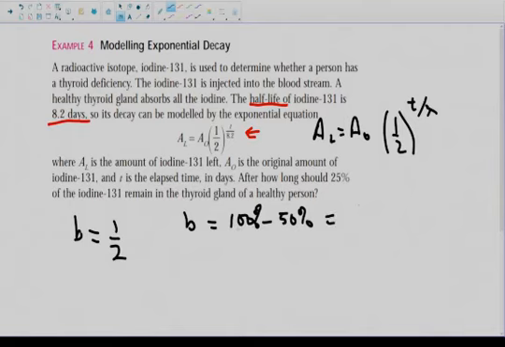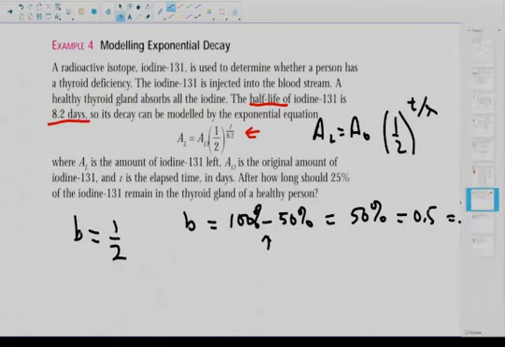So that's where the 1/2 comes from in the formula. It's still based on 100%. It's subtracting 50% from 100%. And usually a decay question, this is something that's going less and less instead of getting more and more. In a decay question, we usually subtract values instead of adding values to 100%. Okay? We're going to see more of this tomorrow.